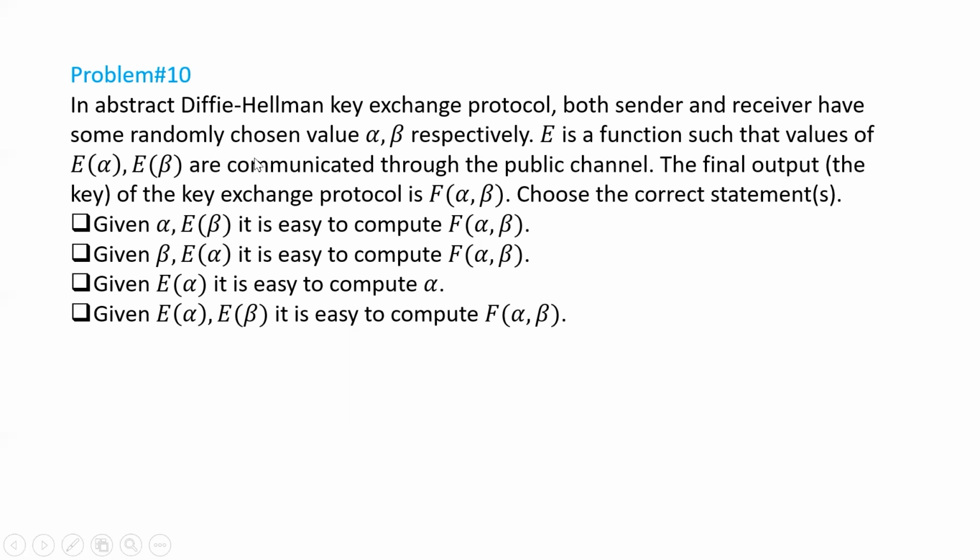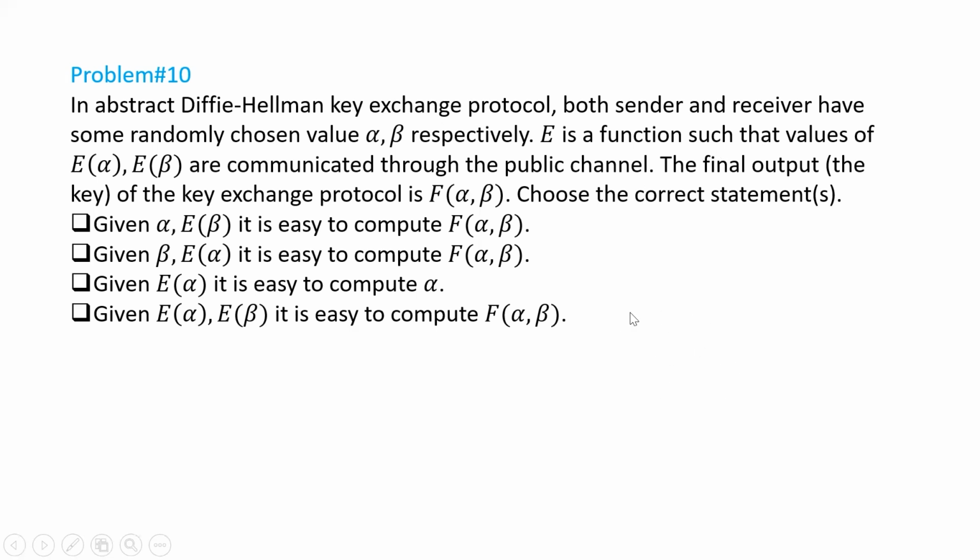And then what the sender does after receiving E of beta is that it has its own random input alpha, so it computes the function f of alpha beta by using its own randomness alpha and the input E of beta which it received from the receiver side. Similarly, the receiver also received E of alpha from the sender side.